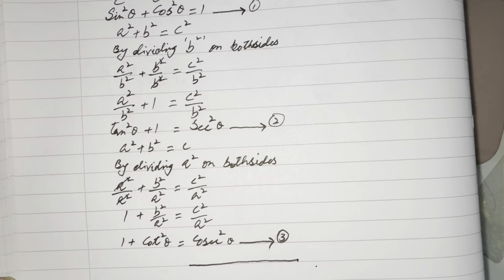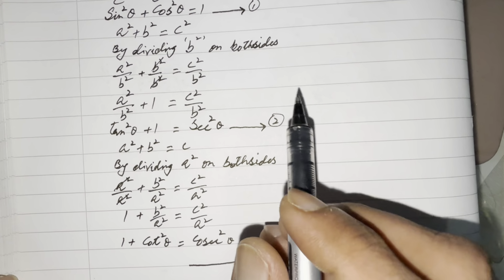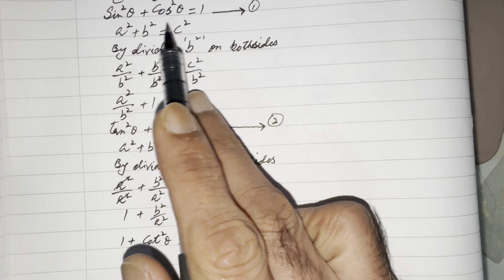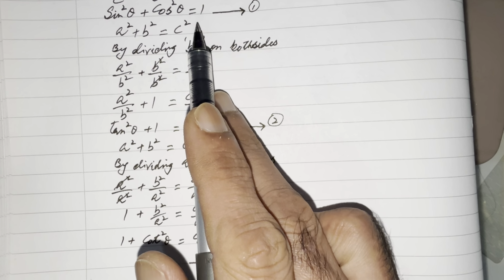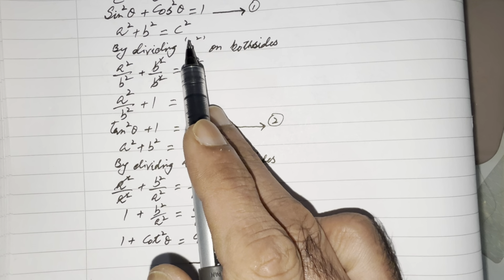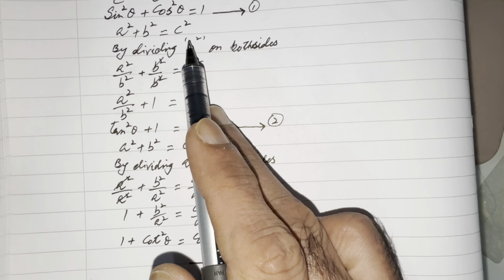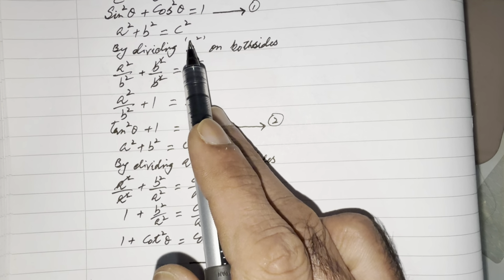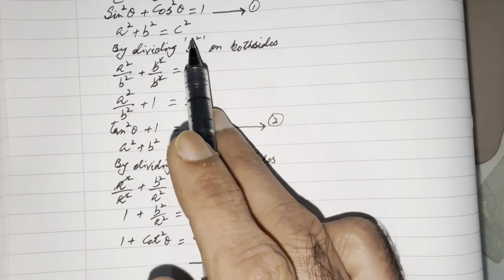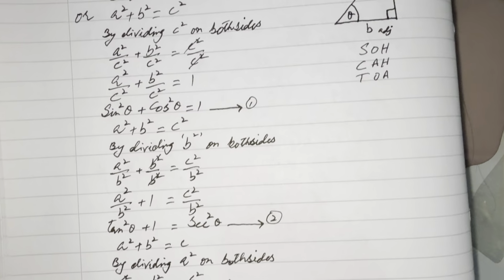So in our coming lectures, we are going to solve some questions with the help of these trigonometric identities. So stay with me in my next lectures. I will give some examples using these trigonometric identities.